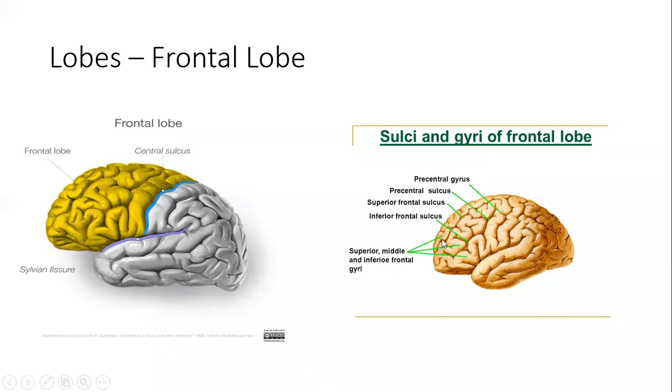Here we have the superior frontal gyrus that lies above the superior frontal sulcus, and then the middle frontal gyrus lies between these 2 sulci. And then we have the inferior frontal gyrus that lies inferior to the inferior frontal sulcus. So two sulci dividing the frontal lobe into three gyri: superior, middle, and inferior frontal gyri.